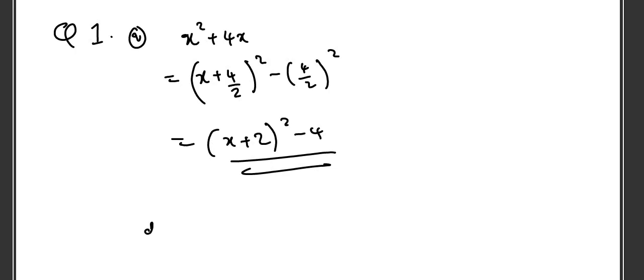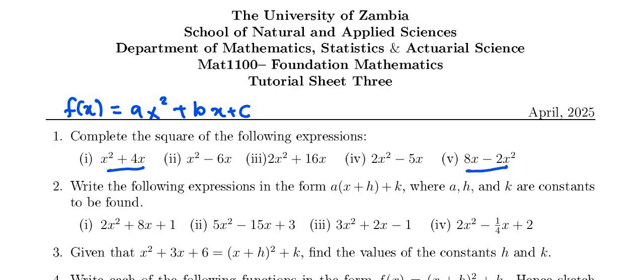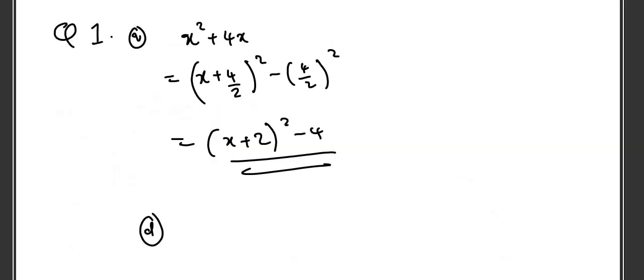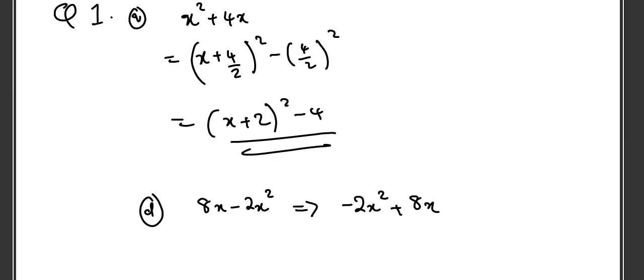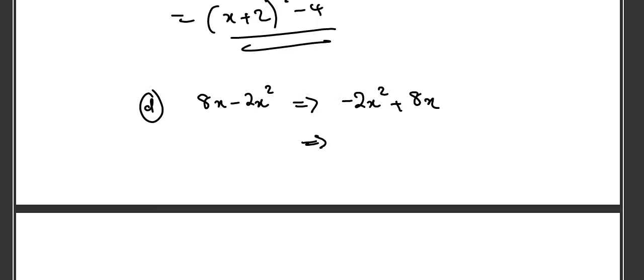Then the last one, number D. D is simply 8x minus 2x squared. This can be rearranged to be negative 2x squared plus 8x. This can be written as negative 2 times (x squared minus 4x).